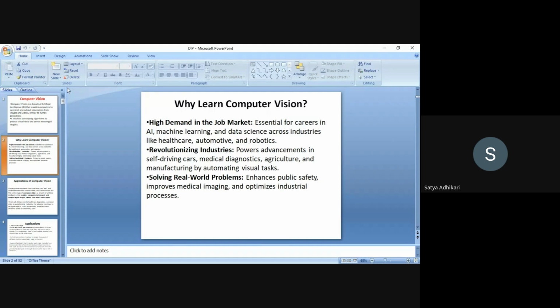By viewing, the machine will take the necessary decision. Solving real world problems, enhancing public safety, improving medical imaging, and optimizing industrial processes. So this is also a factor in why to learn computer vision.